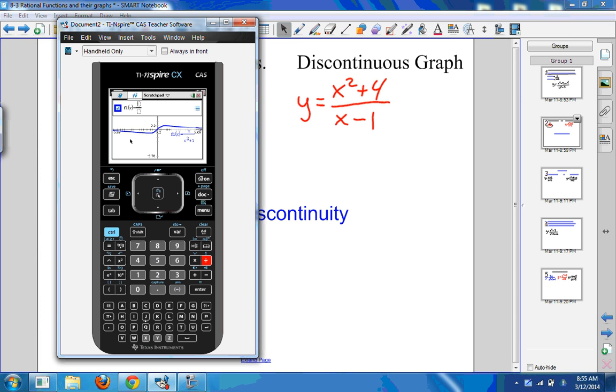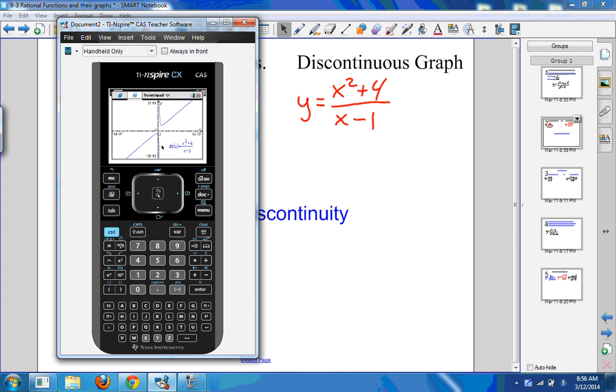Let's look at x squared plus 4 divided by x minus 1. Let's take a look at this graph. I'm going to zoom out a little bit. There we go. Alright, so this is a different looking graph.